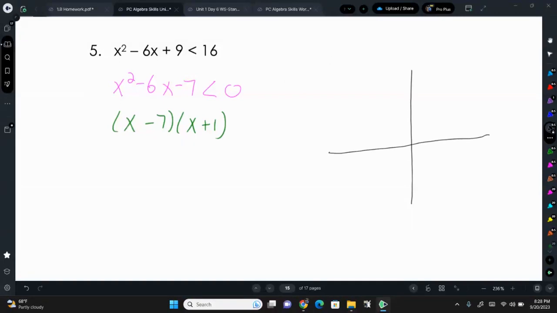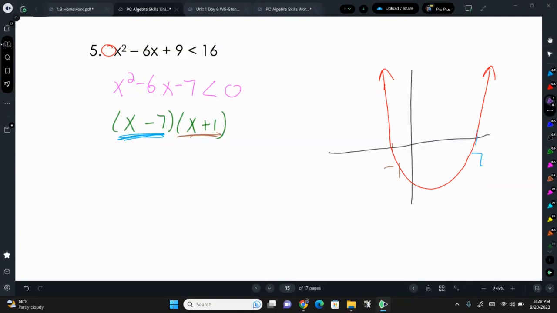So we'll draw a rough sketch. We have +7, and we have -1, positive a value, so it'd open up like that.